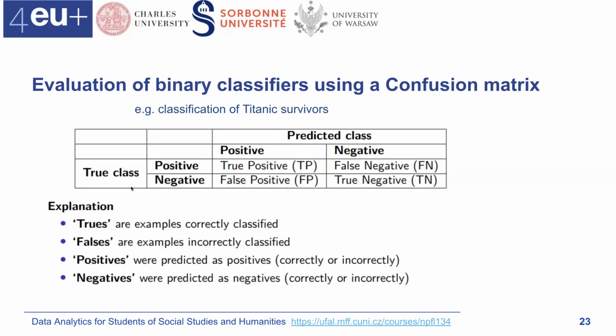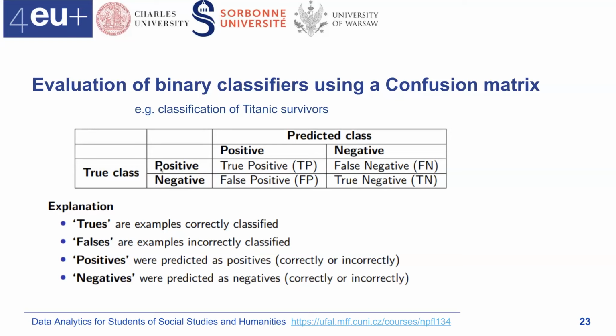We use a test set to evaluate a binary classifier. This test set is a subset of gold data. So it means that for each example in the test data, we know its true classification. And that's the information that we read in the rows of the table. In binary classification, we classify examples into two classes, and we call them positive or negative.